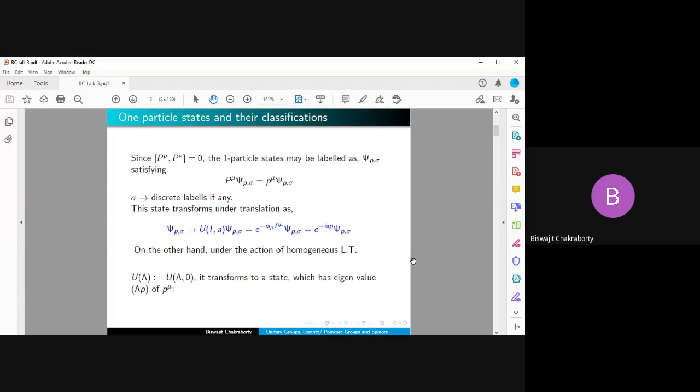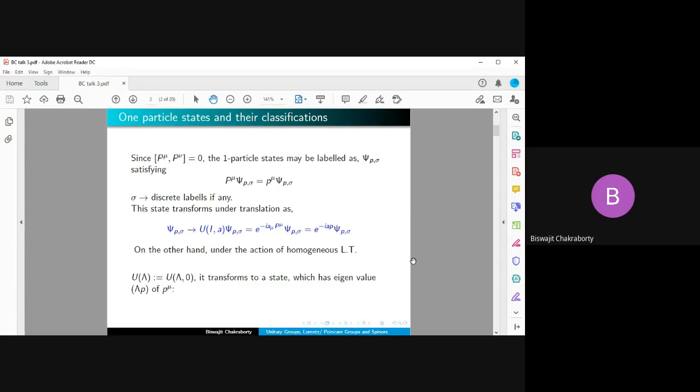Why am I saying anticipate? Because all the while during the first lecture, when I discussed the spinning particle, I considered only massive particles. But now, in the relativistic setting, you are going to encounter massless states also. So you don't know a priori whether it can take a discrete set of values or not.